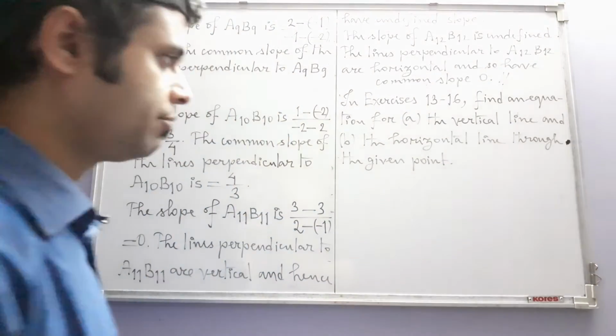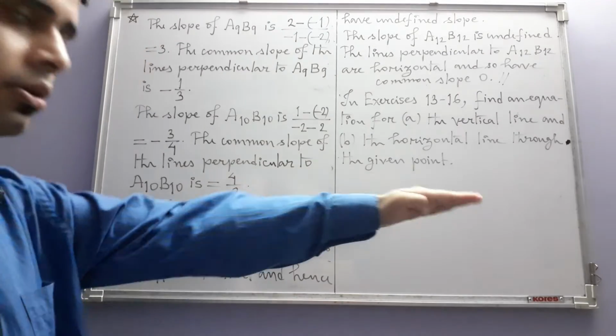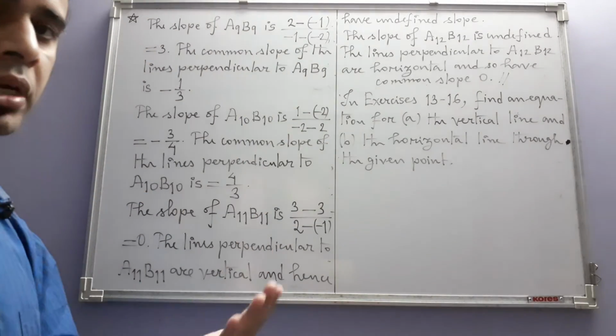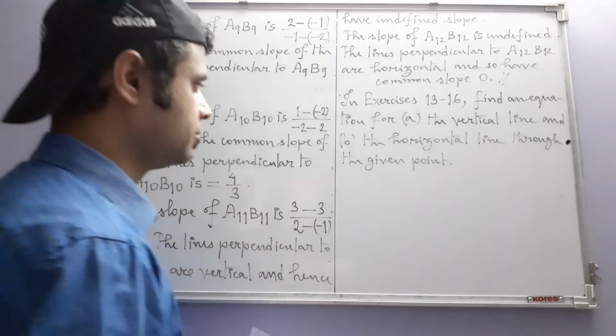We know that if a point is given to us in the plane, then there is one horizontal line and one vertical line passing through that point. We have to find equations for these lines.